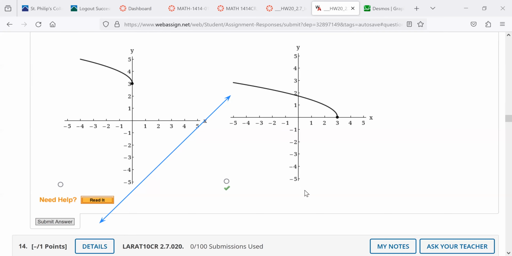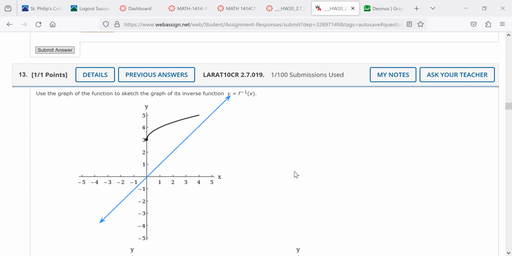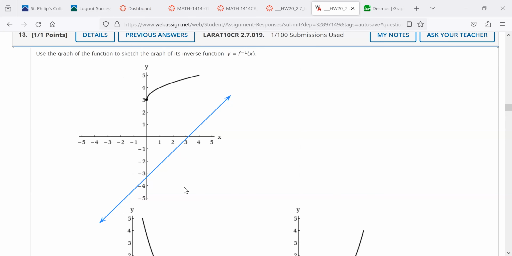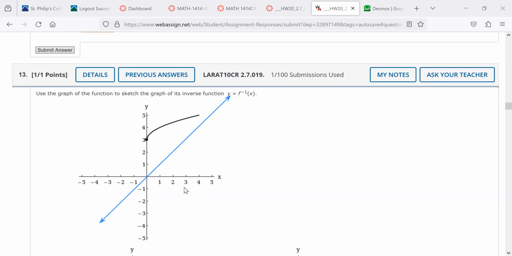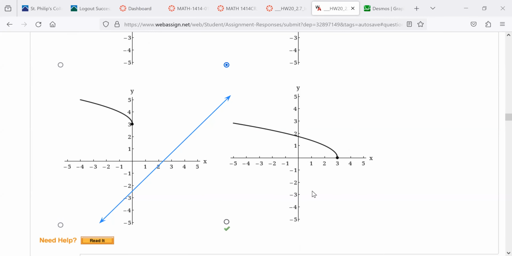That would be this guy, D. To reflect it over this. It's hard to picture in my head because I'm a little dyslexic, but y equals x is graphs to find the inverse. Reflect it. Yeah, there it is. I'm sorry.